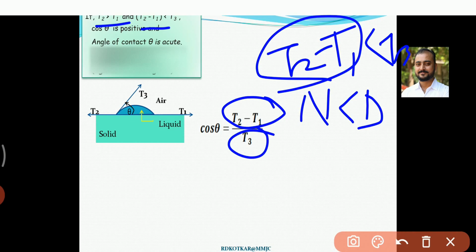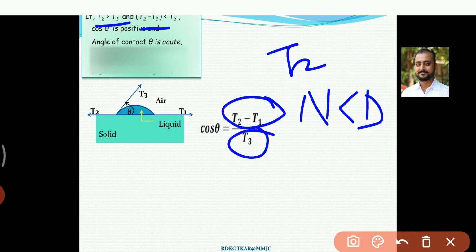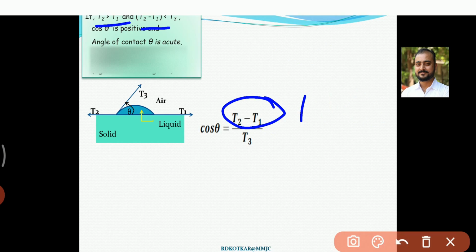In that case, what happens? Cos theta becomes positive. Why does cos theta become positive? Because this number is less and this number is greater. The numerator is less, the denominator is greater.